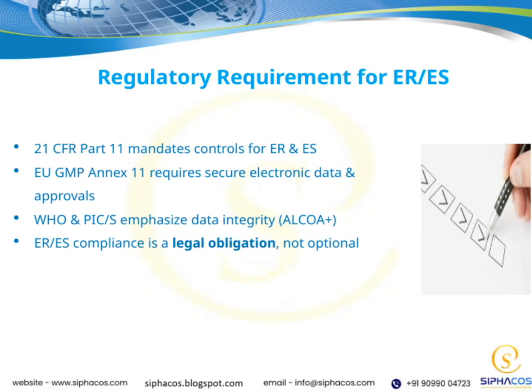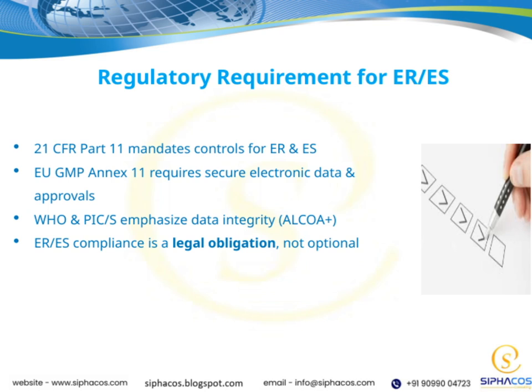Let's take a closer look at the regulatory landscape for electronic records and signatures. First, 21 CFR Part 11 explicitly mandates controls for electronic records and signatures, ensuring that these systems are reliable and compliant. Moving over to Europe, the EU GMP Annex 11 sets out requirements for secure electronic data and proper approval processes, emphasizing the importance of data security and integrity.